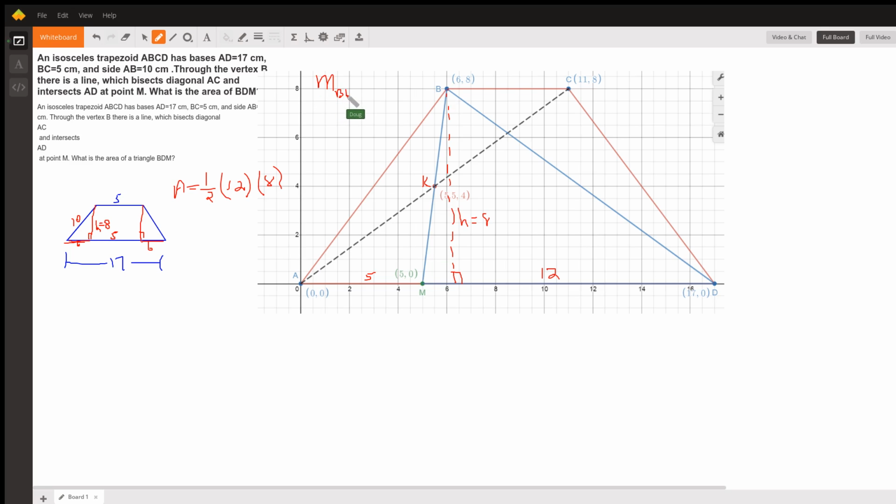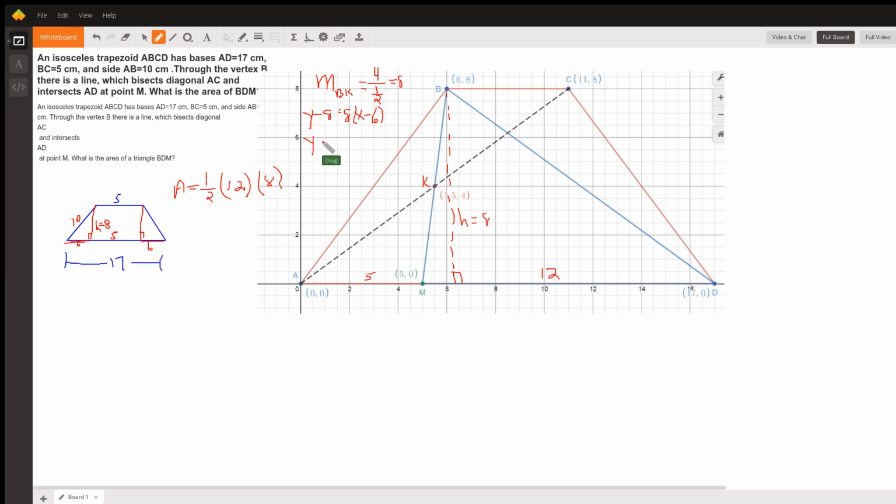of BK, which will be 8 minus 4, change in y, over the change in x. 6 minus 5.5 is 1/2, which gives us a slope of 8. And then using point slope, y minus 8 equals 8 times the quantity x minus 6.